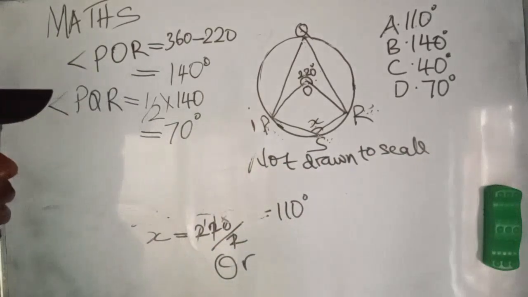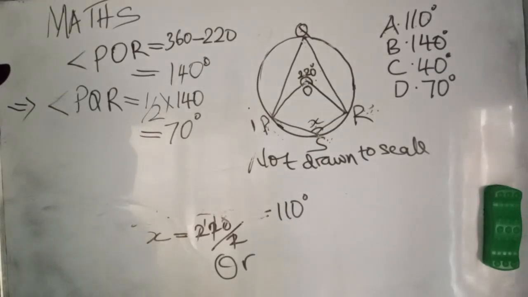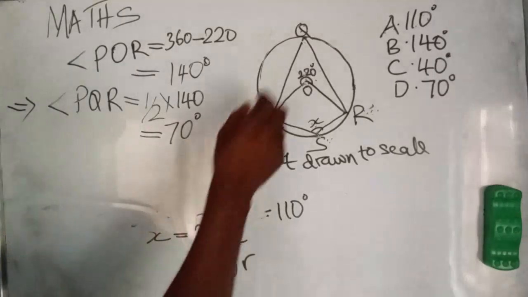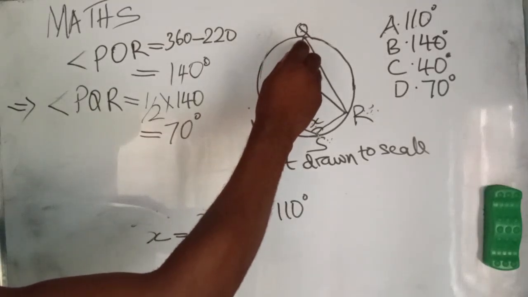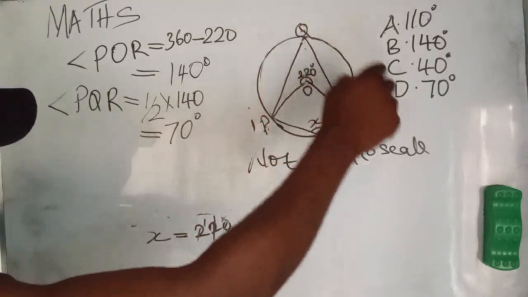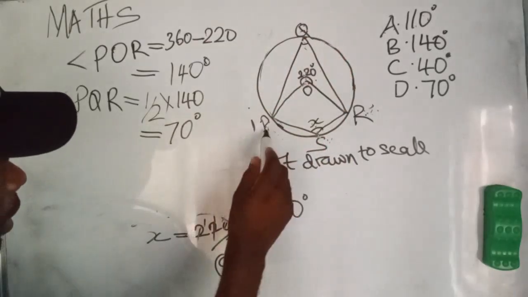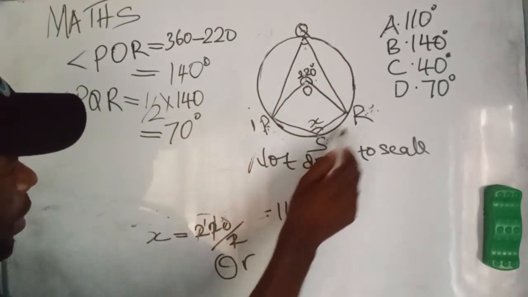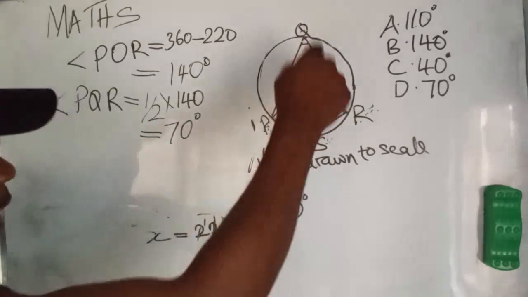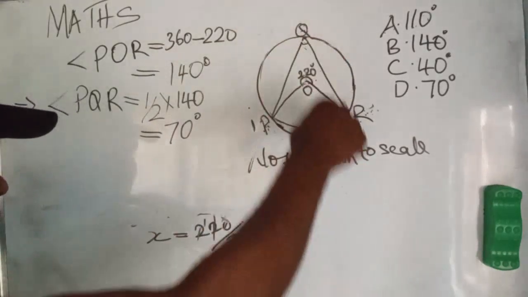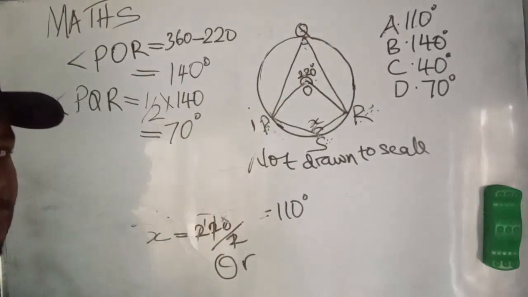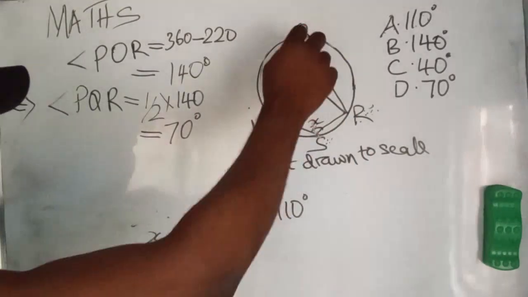In considering the angles in a cyclic quadrilateral, the sum of the opposite angles equals 180 degrees. These are the opposite angles of the cyclic quadrilateral: angle PQR and angle PSR, which is X. They are facing each other.